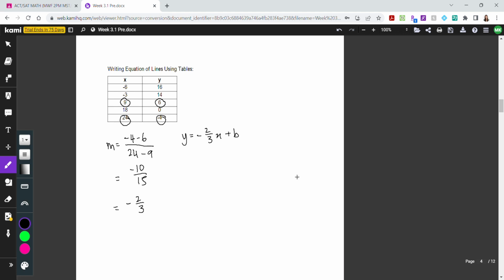So let's say I want to take this point, and I put them here. Now my equation is going to look like 14 equals negative 2 over 3 times negative 3 plus b.